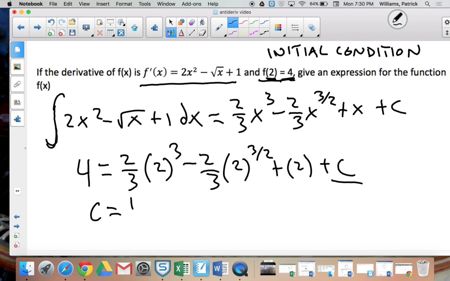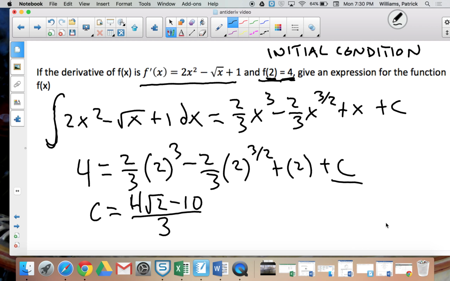It's great practice. You might get an answer slightly different than mine, but just plug your answer into your calculator or see if you can convert it to my answer to make sure you got the same thing that I got. But this will be 4 square root of 2 minus 10 over 3. That's what I got as my value for c.